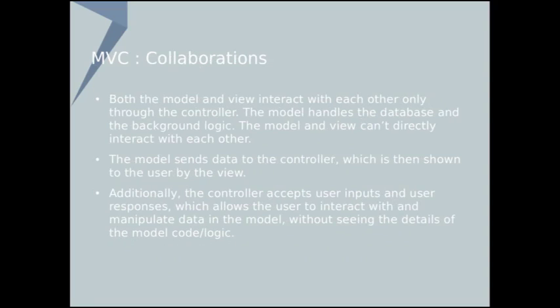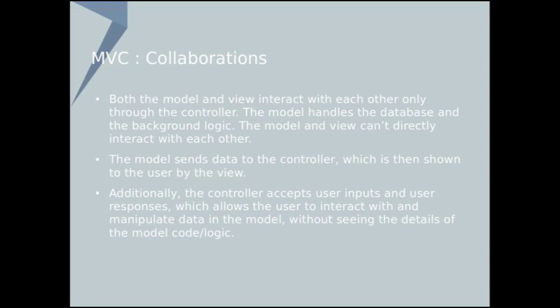The collaborations are the model and view only interact with each other through the controller. They never actually directly interact. The model sends data to the controller, which is then shown to the user by the view. And then additionally, the controller accepts user input and user responses from the view, which allows the user to interact with and manipulate data in the model without seeing the details of the model.